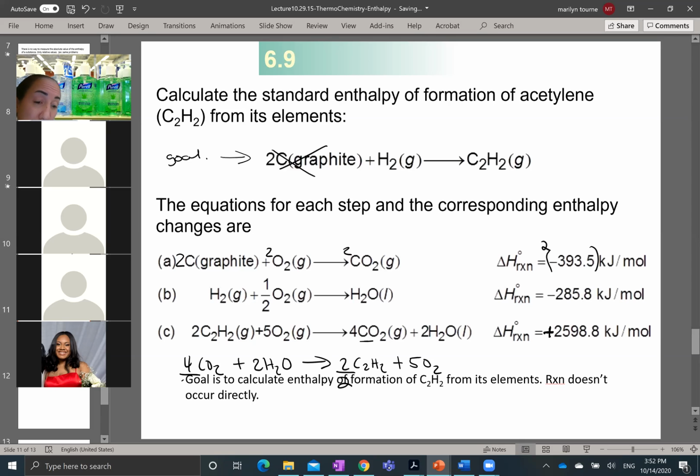So this would be divided by 2, this would be divided by 2, and this would be divided by 2. I know that's a little hard to read, but I'm just going to erase it. In the C2H2, 2 divided by 2 is 1. 2 divided by 2 in the H2O is also 1. 4 divided by 2 in the CO2 means you have 2 moles of CO2. And this, instead of having a fraction, what's 5 divided by 2?